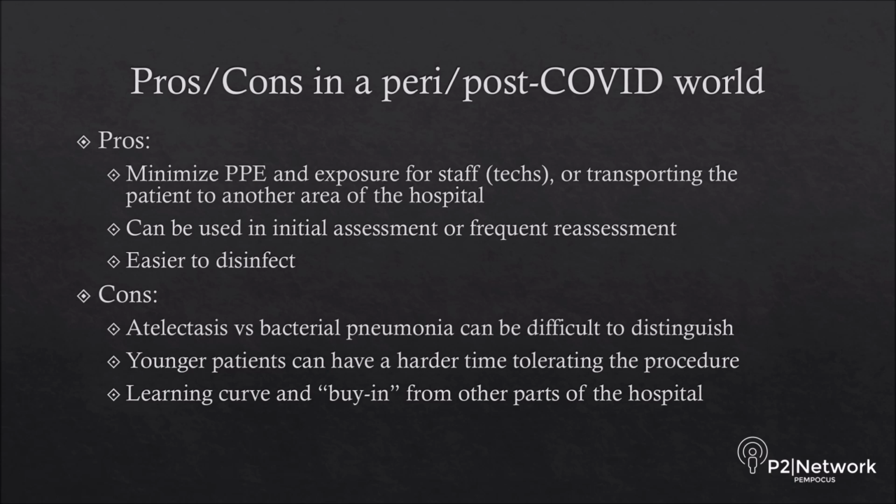Like we talked about before, younger patients can have a harder time tolerating the procedure, but as long as you have a parent that's willing to hold the patient and good distraction, it's usually not an issue and it doesn't add too much extra time to the exam. There is a learning curve, and I find that the buy-in from other parts of the hospital can be a little tough. If we don't obtain an X-ray, they generally don't feel as comfortable with just me saying my exam findings.